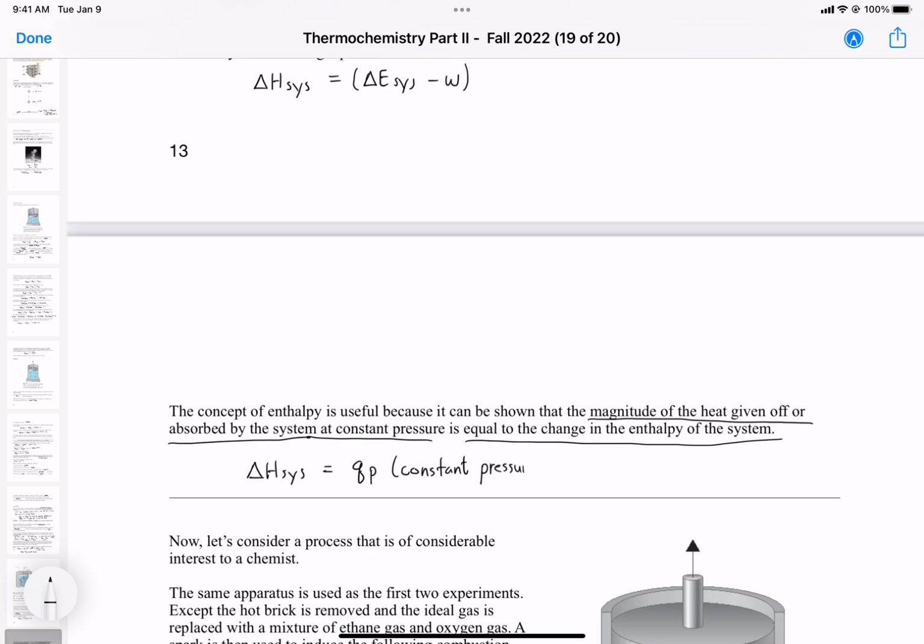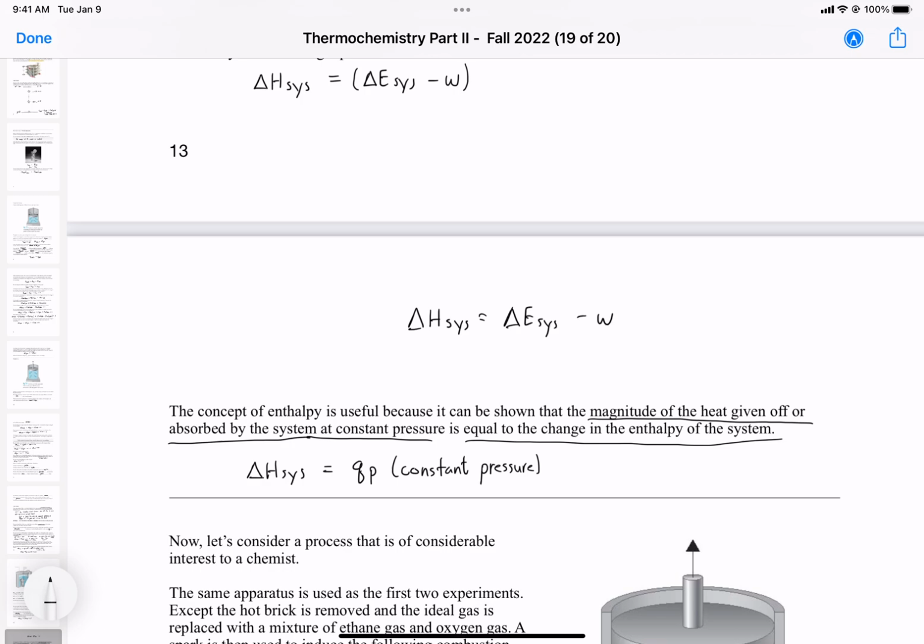We get this form of the equation by saying that delta H of our system equals delta E of our system minus work.